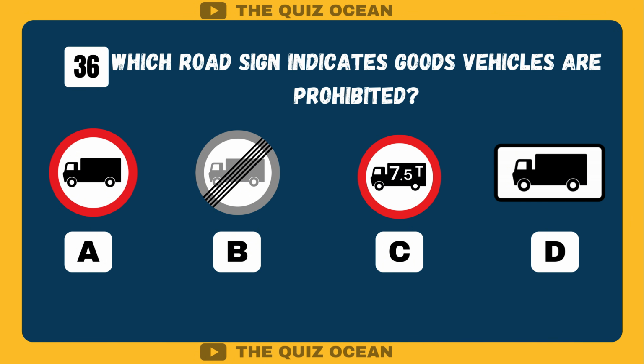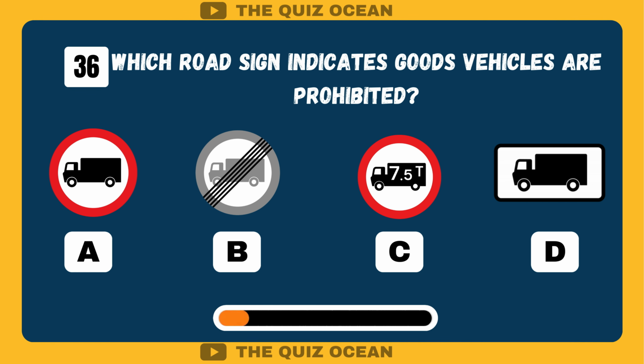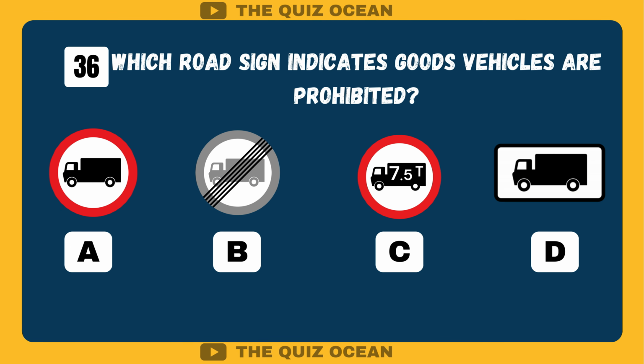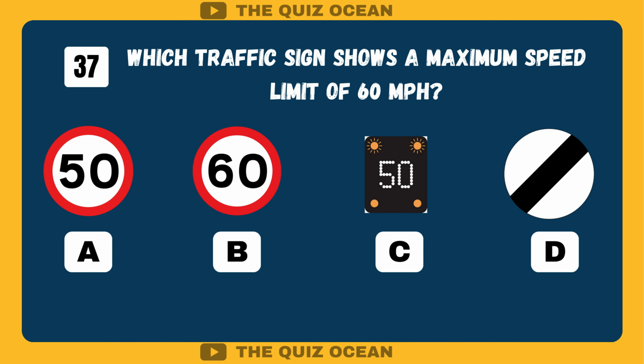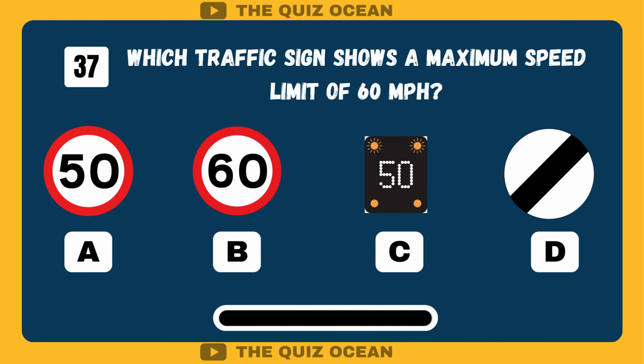Question 36. Which road sign indicates goods vehicles are prohibited? The answer is A. Question 37. Which traffic sign shows a maximum speed limit of 60 miles per hour?